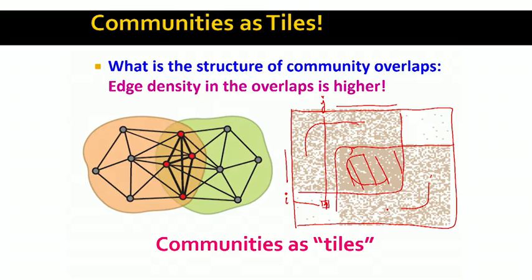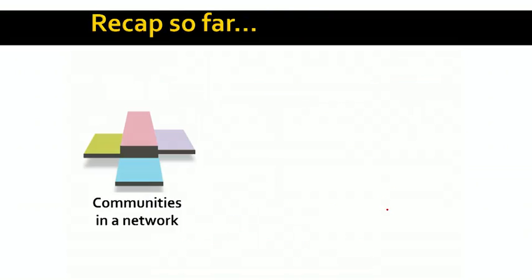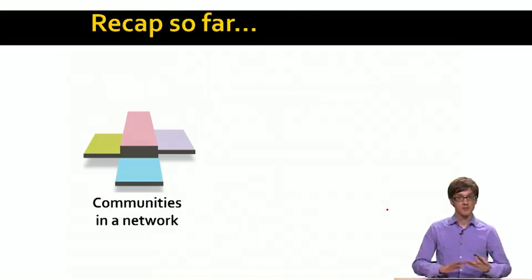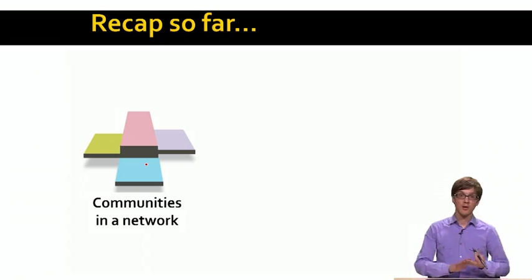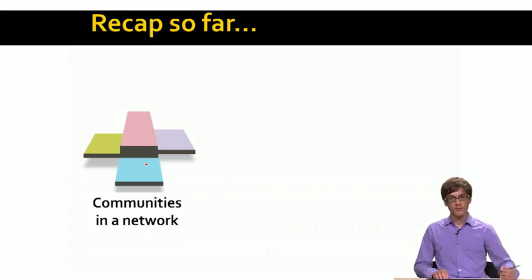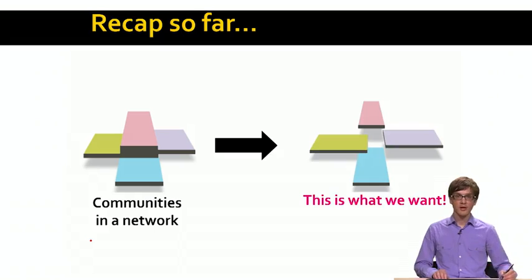In a sense, we can think of communities or clusters in networks as tiles, where the more groups overlap in a certain region, the thicker the tiles, and the more edges there are in the network. Using this view of the network, we would like to take out these tiles one by one from the network. That's what we want to do.